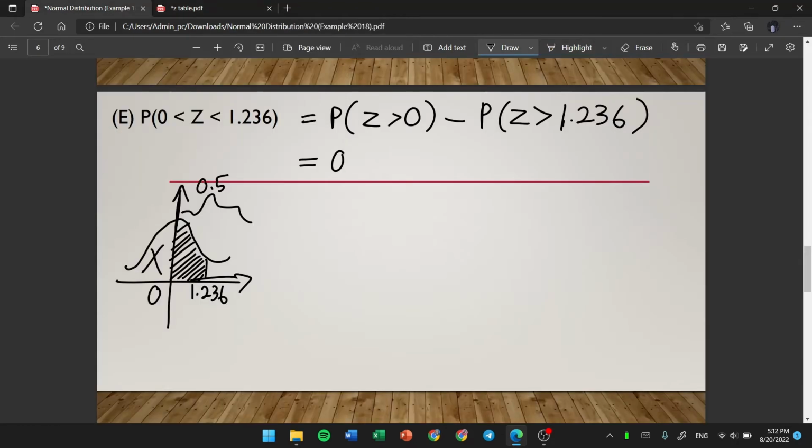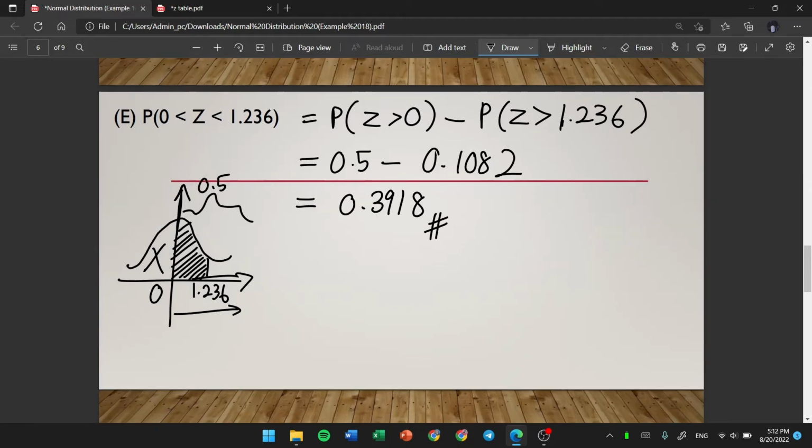So here will be 0.5, or you don't have to count from the Z table because we know that if Z from 0 going towards here, all is 0.5. Minus P, here you will get 0.1082. If you count that, then you get 0.3918. Final answer.